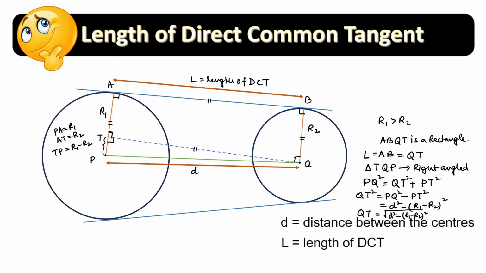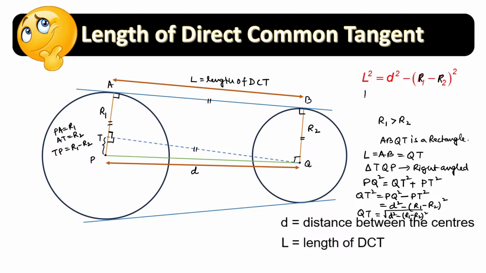Is it clear to all? So what we have learned? We have learned that capital L square is D square minus R1 minus R2 whole square. Here I have taken capital R1, and here in this notation it has been written small r1. Doesn't matter. You simply change this thing to capital R. No problem.